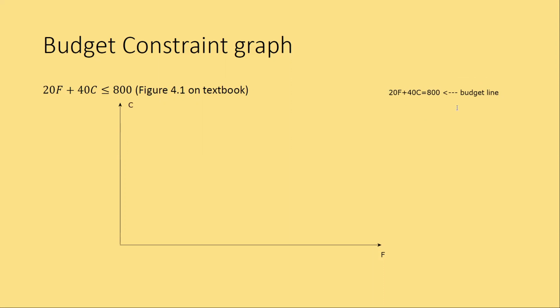And as it is a line, we know that it intersects our two axes at 2 points. And we want to figure out those 2 points.